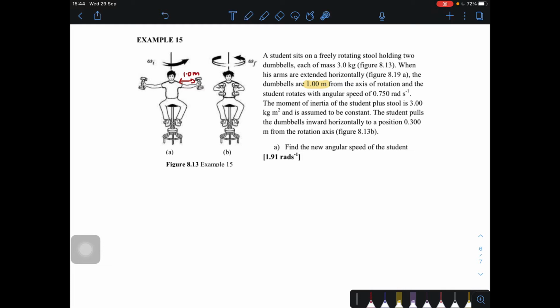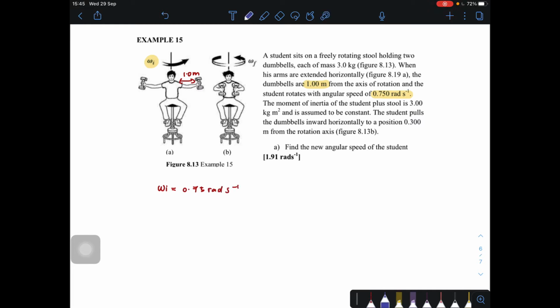And then initially it is rotating with angular speed 0.75 radian per second. So the initial value is 0.75 radian per second.